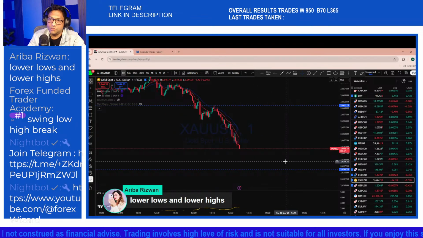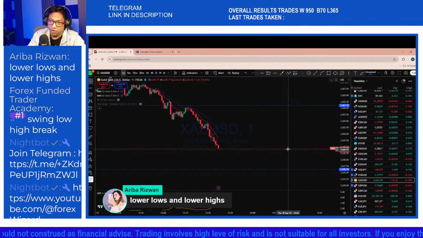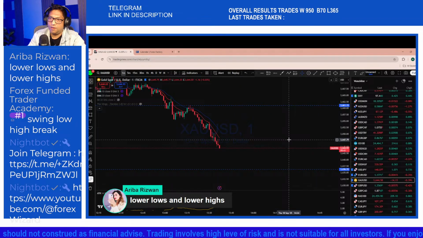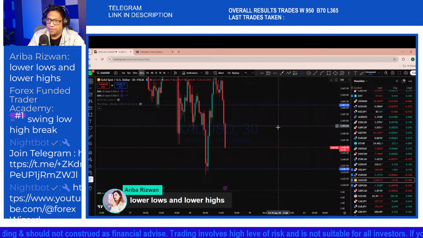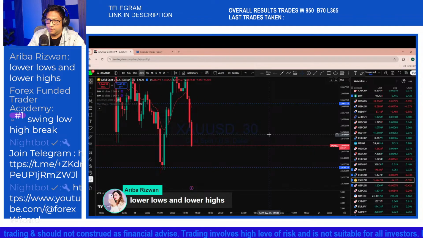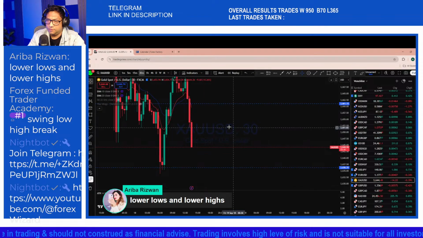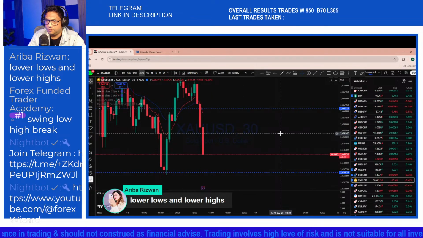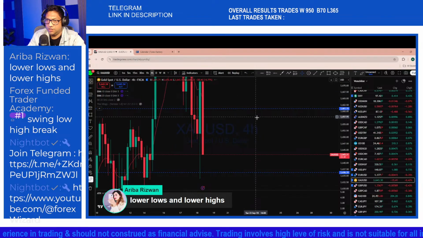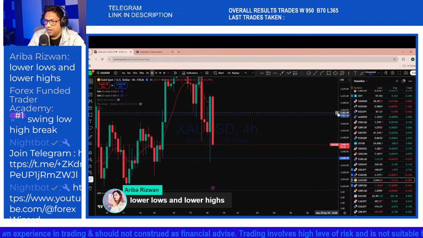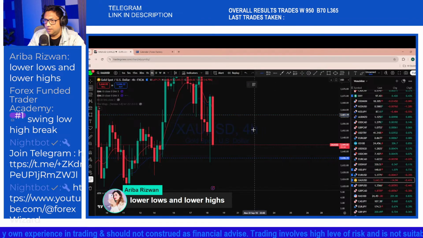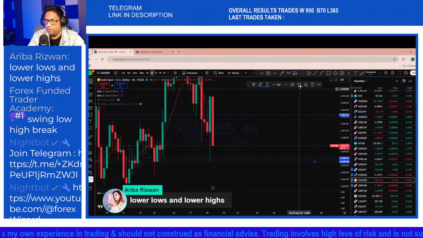There is no sign of break of structure, but if it comes, that's where you are entering. And because this is a huge fair value gap, you can see that it has entirely dropped back below here.